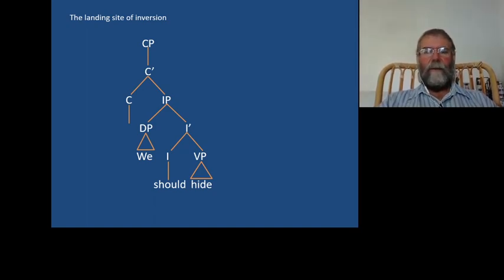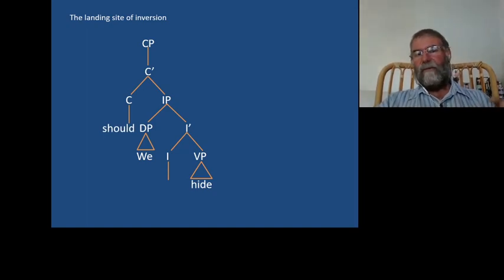Okay. Now, when we get inversion, that inflection element moves out of its inflection position into a position in front of the subject. Now, it's fairly clear, I think, looking at the structure we've got here, that the place it seems to move to is precisely the complementizer position. That is a position in front of the subject.